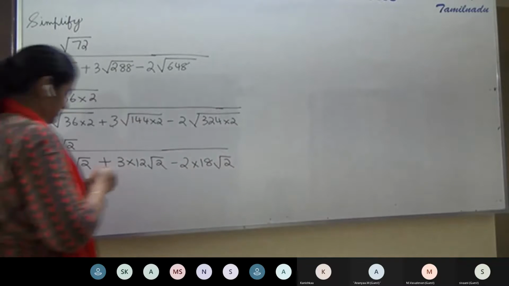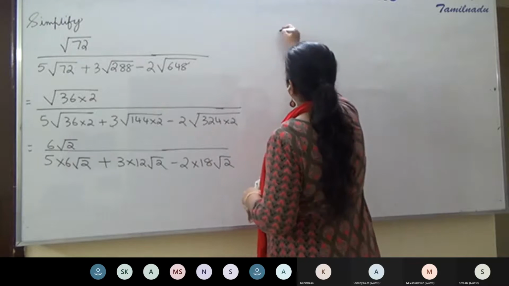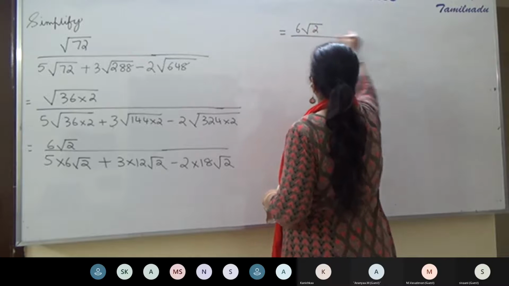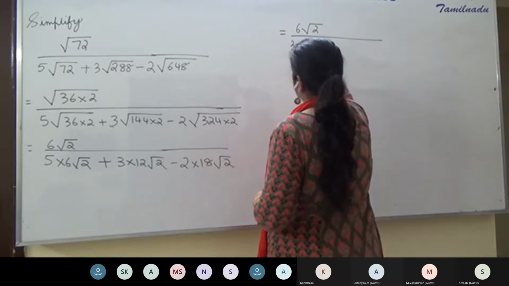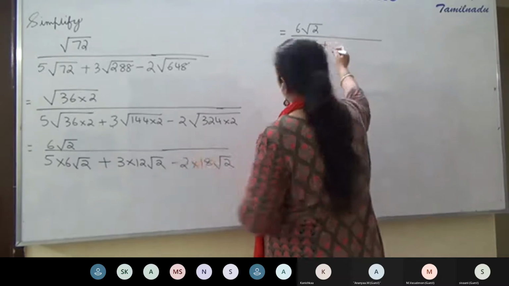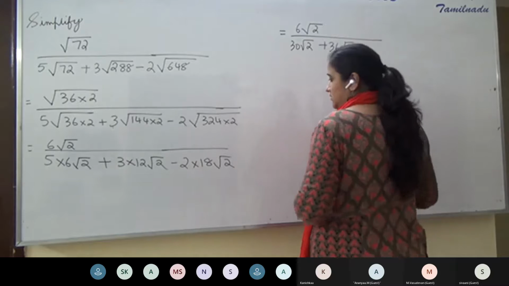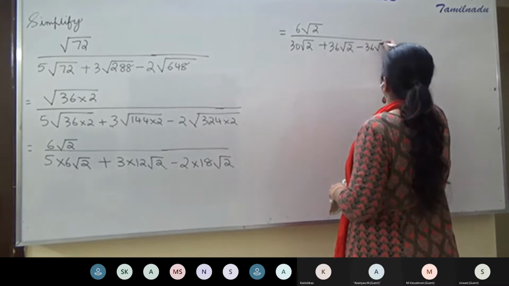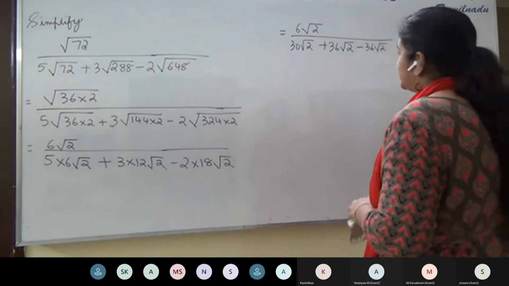So this will be the first step, and this will be the second step. After that, 6 root 2 as it is, divided by 5 sixes are 30, 30 root 2 plus 36 root 2 minus this also 36 root 2.